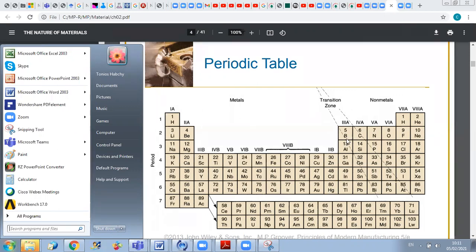So when you have groups 1, 2, 3 combined with one of the groups 5, 6, 7, it will be ionic. While if you have 2 atoms both with groups higher than 4, it will be covalent. Okay, thank you.